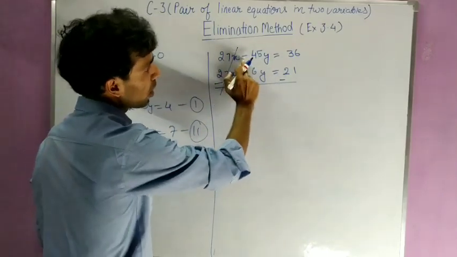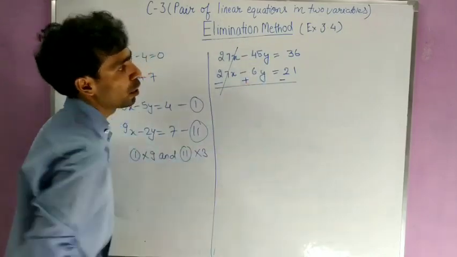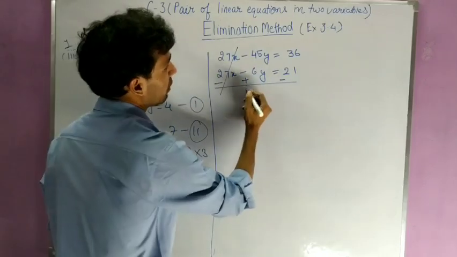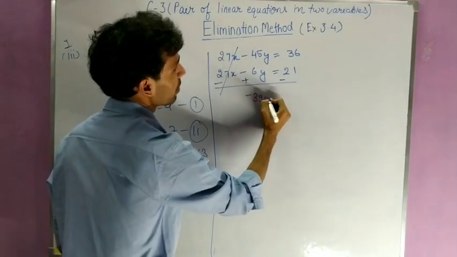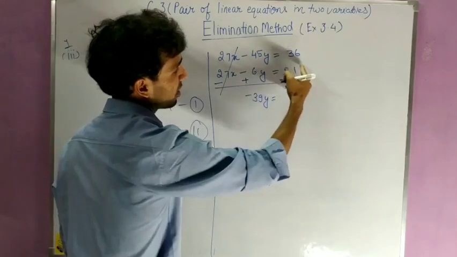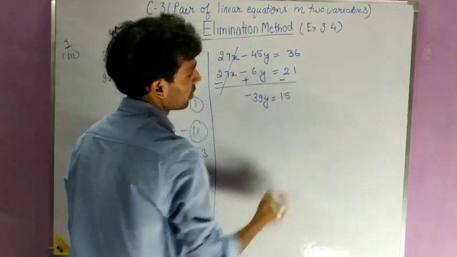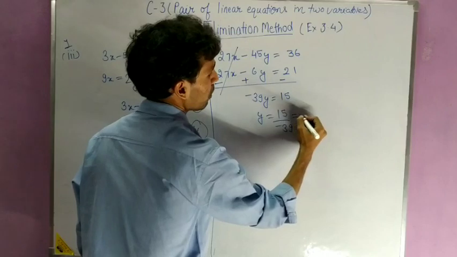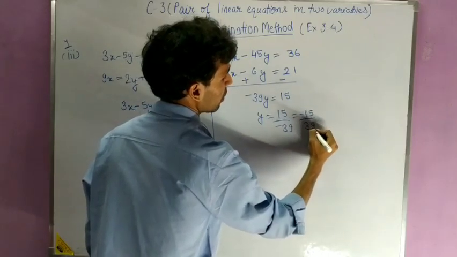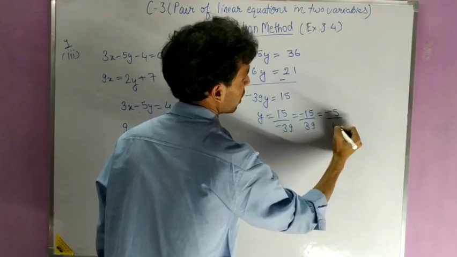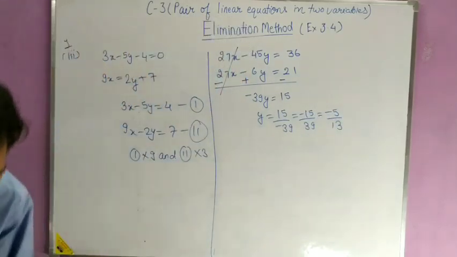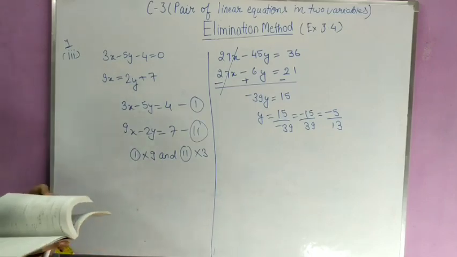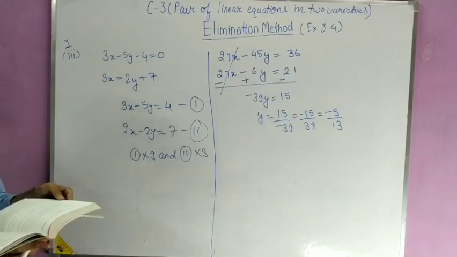Now minus 45 and plus 6, so it will be minus 39y, and 36 minus 21 will become 15. So y will be equal to 15 by minus 39, or minus 15 by 39, or minus 5 by 13. So the value of y we got from these two equations is minus 5 upon 13.